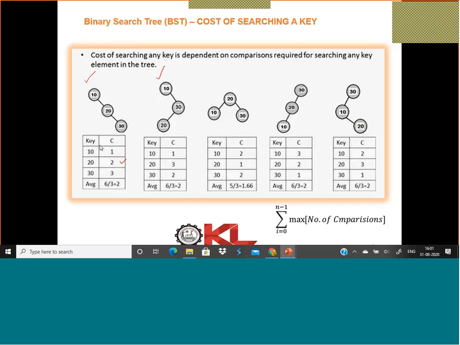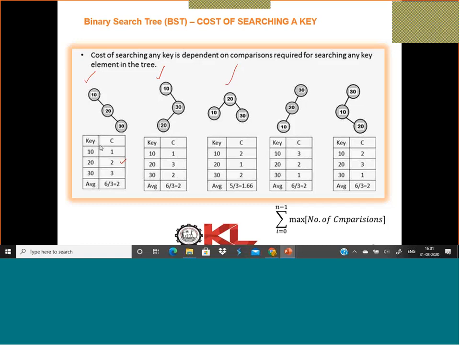But when you go to the third tree, the number of comparisons for 10 is 2, for 20 it is 1, for 30 it is 2. So a total of 5 comparisons is enough to search the 3 elements. The average is 1.66.